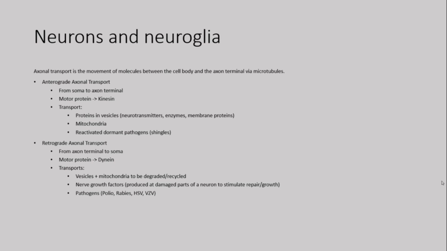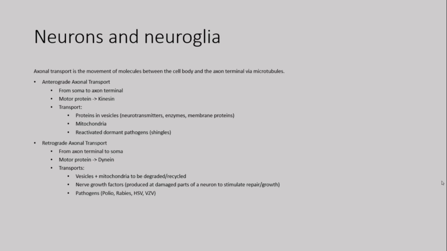So another way of transporting is the opposite, going from the axon terminal to the soma, and this is called retrograde axonal transport. Here we use another motor protein called dynein, and retrograde axonal transport is important in recycling or degrading vesicles or mitochondria, or even for communication through nerve growth factors, because when some part of the neuron is damaged, it will stimulate a repair, or it will stimulate growth.